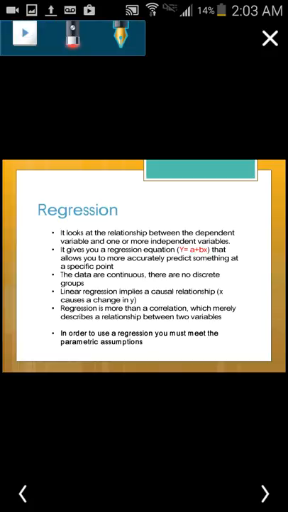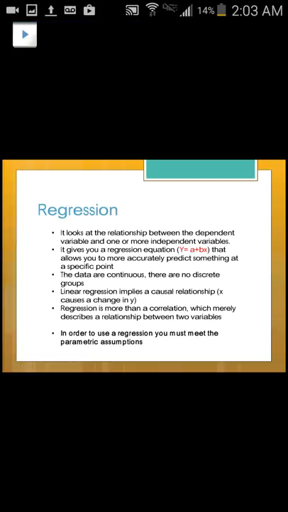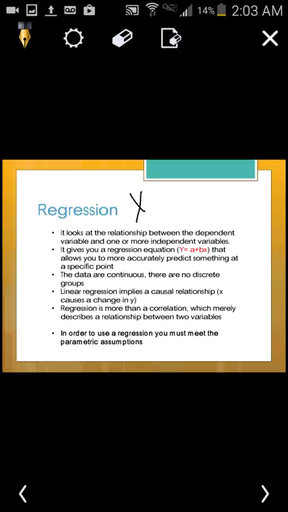But think of y equals mx plus b. m is the slope, x is just x, and b is the y-intercept. How far up the y-axis does it cross the y-axis?